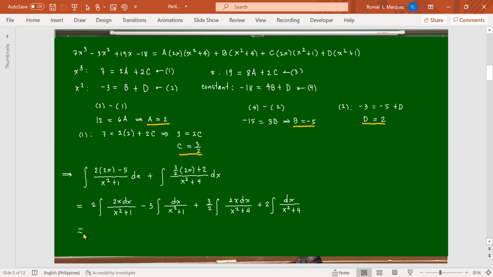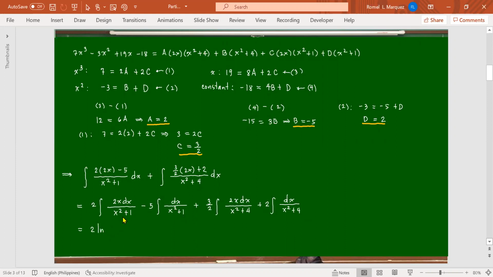Now, in this new sum and difference of integrals, the second integral leads to inverse tangent together with the last integral. The first and the third lead to a logarithmic function. So this is the integral of du over u, so we have ln of absolute value of u.